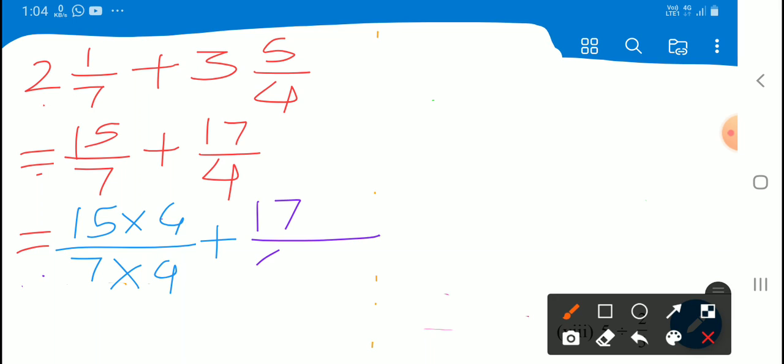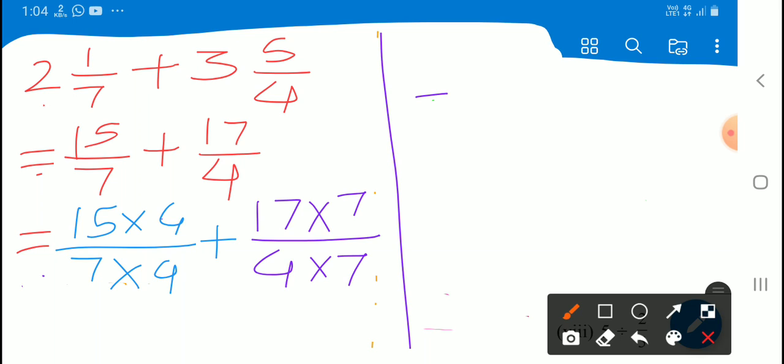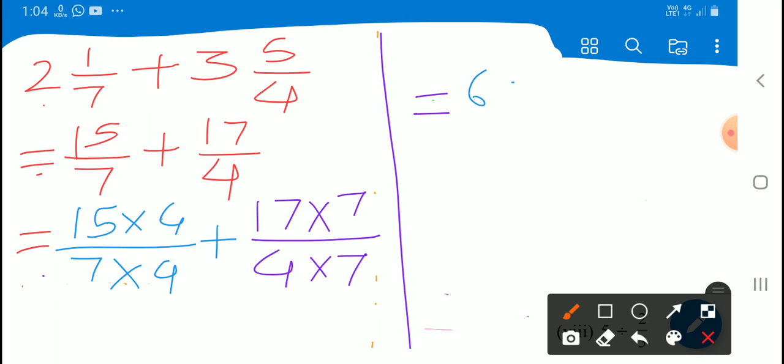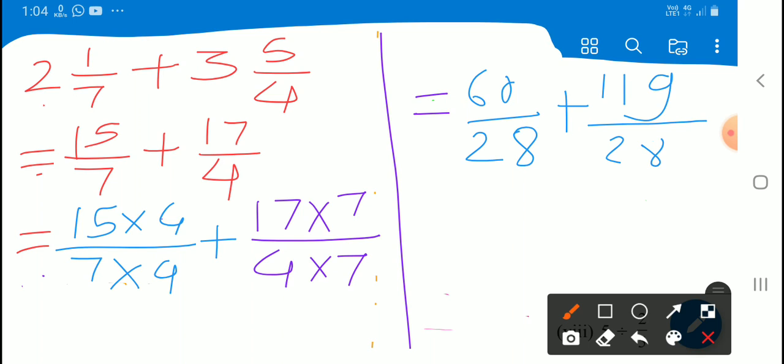17 upon 4. Now this is equal to 15 4s are 60 upon 7 4s are 28, plus 17 7s are 119 upon 28.